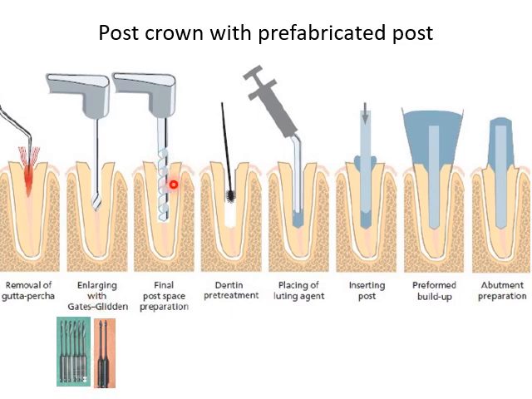After the preparation of the canal, we insert the post, and the core is built around the coronal extension of the post. Then we prepare it into a form similar to a prepared crown. Then an impression is taken to make the final crown.